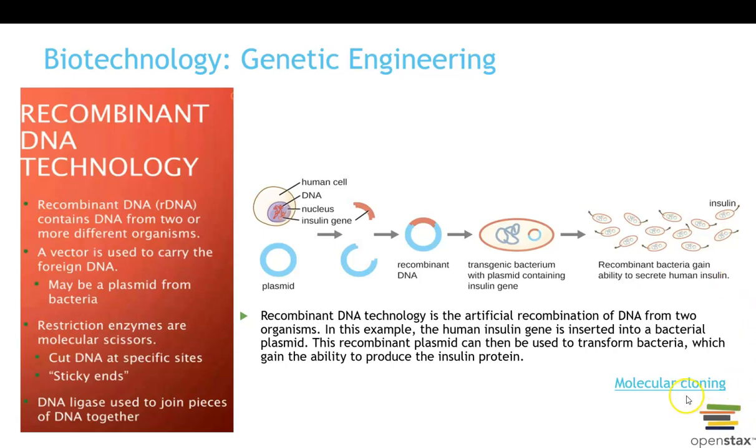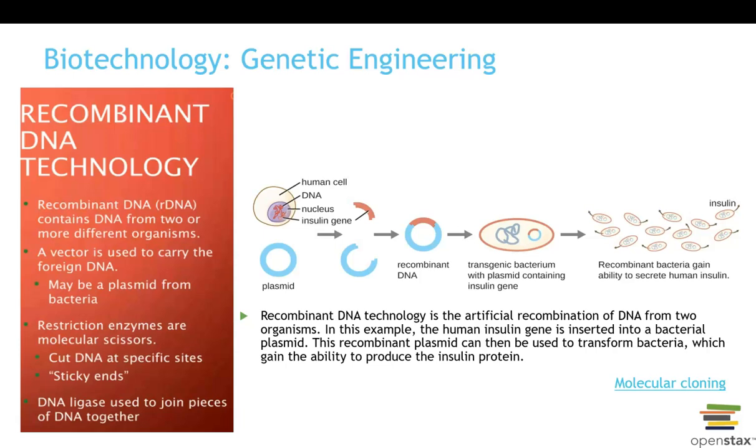There's a nice video here, I highly recommend watching it. This process we call molecular cloning. If you remember, cloning or clone means you make the same genetic information, like a colony that all have the same identical genetic information.